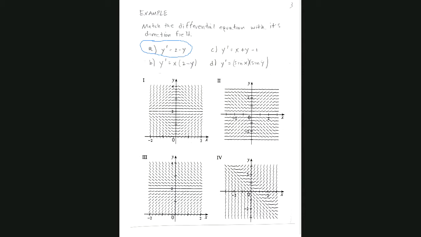So now I go and look at the 4 direction fields, and which candidates would be ones where along the horizontal line y equals 2 you have flat slopes in the direction field? What candidates might work?